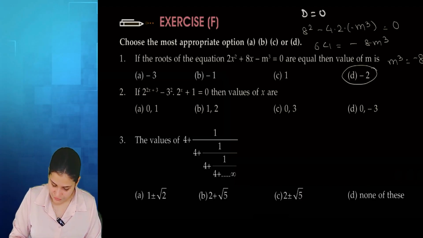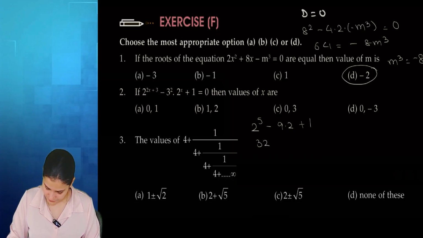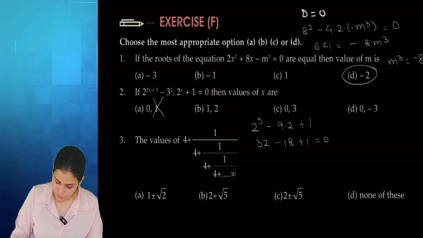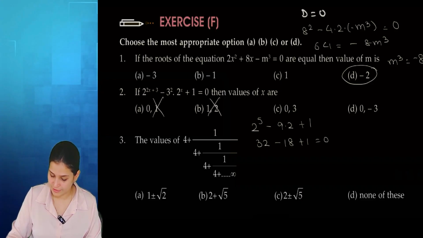Okay. So if I put 1 here, 2 plus 3, 5. 3 square is 9 into 2 plus 1, 32 minus 18 plus 1 equals 0. So no, it's incorrect. So 1 does not satisfy, both the options are done.